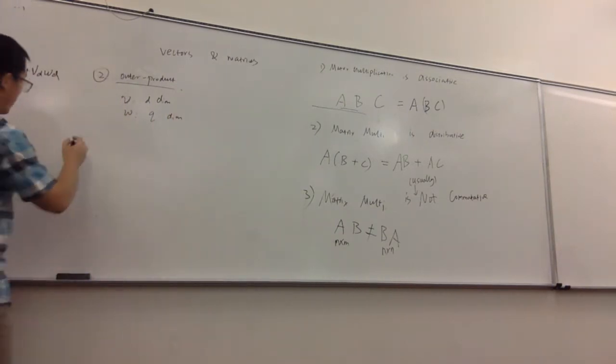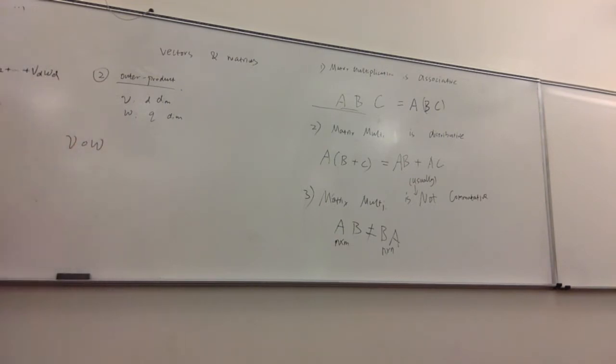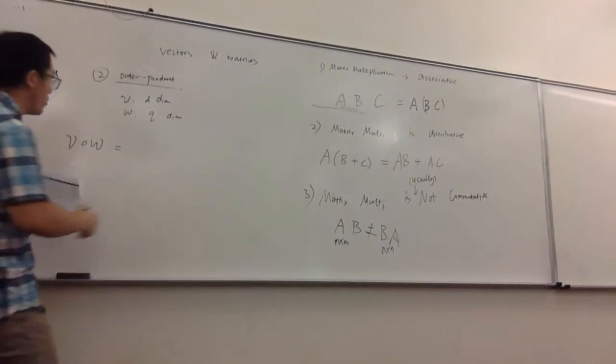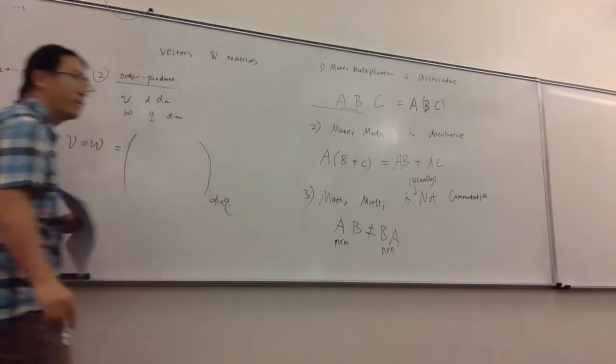And the outer product, let me use a circle to represent the outer product. Of course, there are other notations. So the outer product between V and W is no longer a scalar anymore. Actually, it ends up with a matrix, a D by Q matrix. This is the outer product.